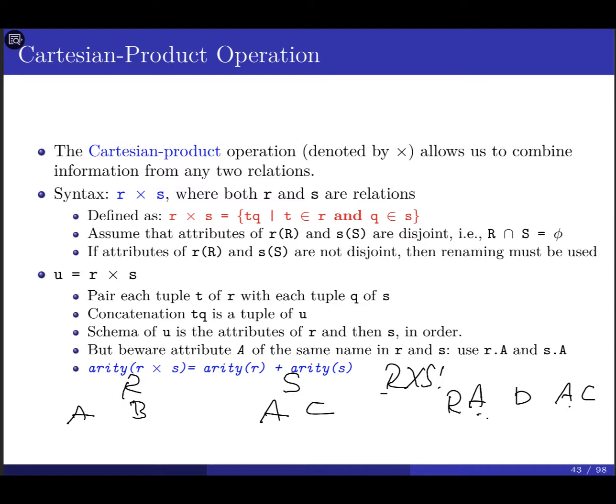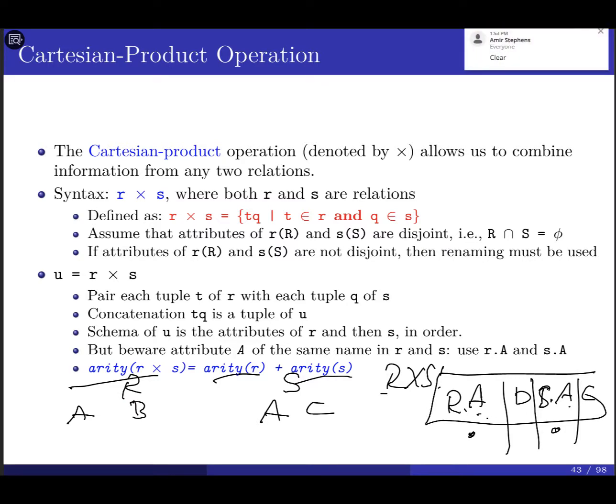I'm going to use R.A here and S.A here in order to distinguish the value of attribute A here from this A. This attribute belongs to the relation R, and this attribute belongs to the relation S. So the number of columns is the number of columns of the relation R plus the number of columns of the relation S. Clear?